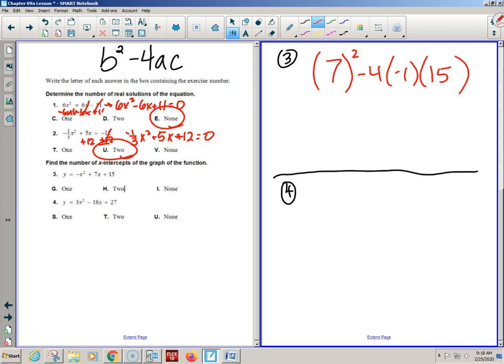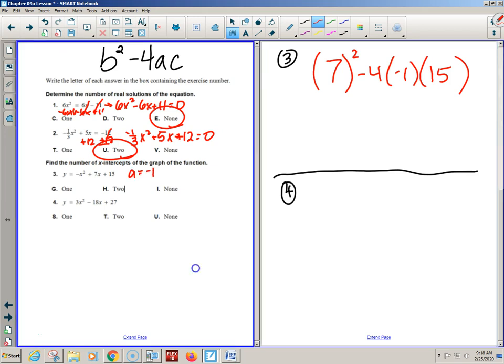I think that's good. Because remember when there's nothing in front, there's a negative sign but no written number coefficient, we always assume it's a 1. So it would be -1, that would be a. Does that make sense?